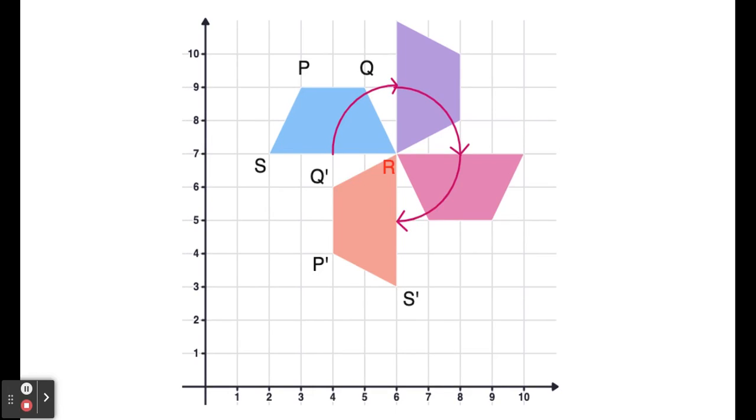And after the 3/4 turn, not quite a full rotation, it's facing in still another direction. So since we traced the shape and used the tracing to get the image, we know that the image and the shape are congruent. And again, congruent means all sides and angles are the same.